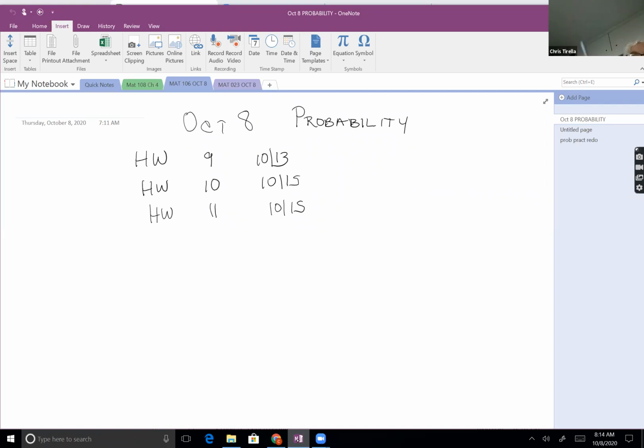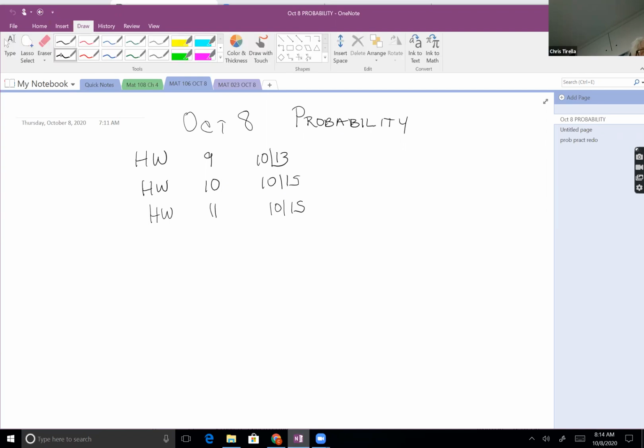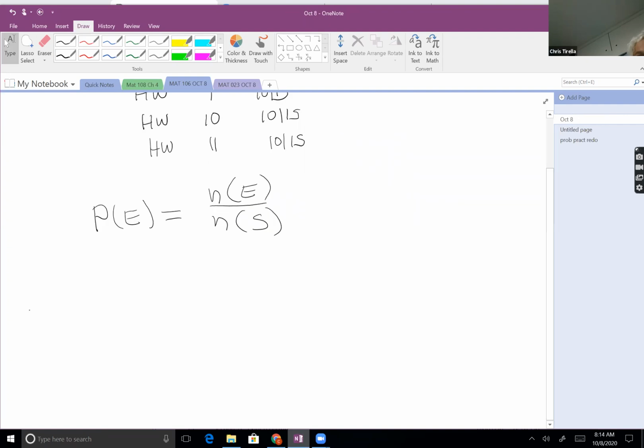So picking up from where we left off, what we've said so far is the probability of an event is equal to the number of ways the event can occur over the number of outcomes in the sample space. And so when we look at the number of ways the event can occur and the number of outcomes in the sample space, we have to count.